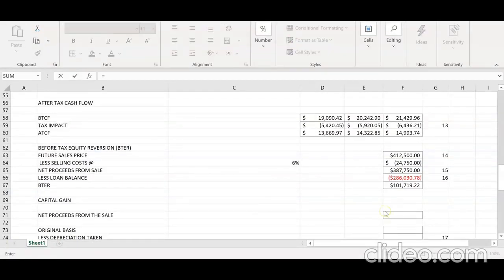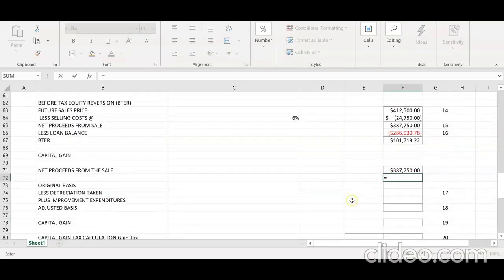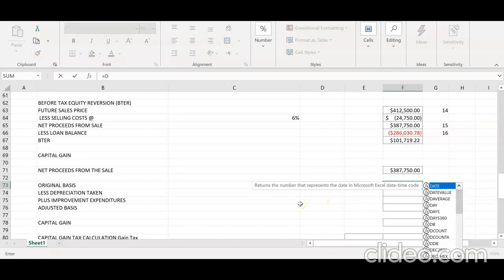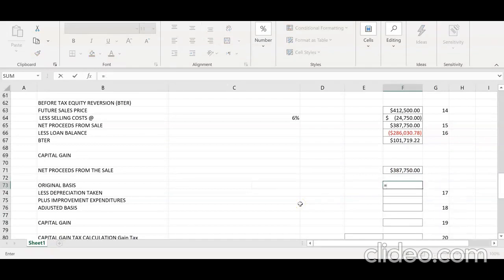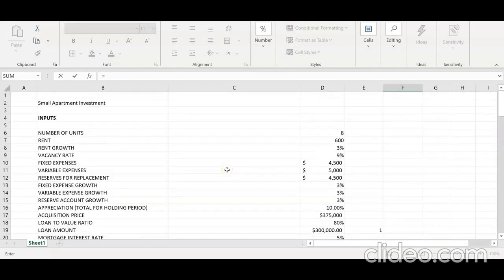To calculate the net proceeds from the sale, I'm just going to drag the number for the net proceeds from the sale, and then here for the original basis we're going to use the previous cell.